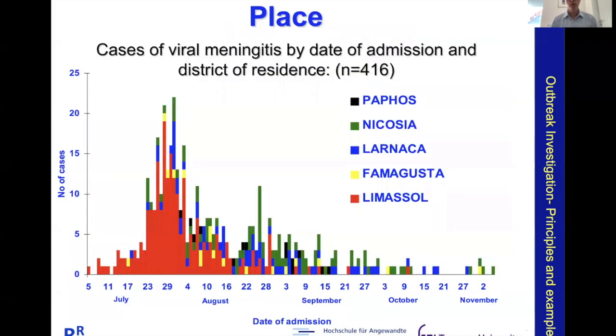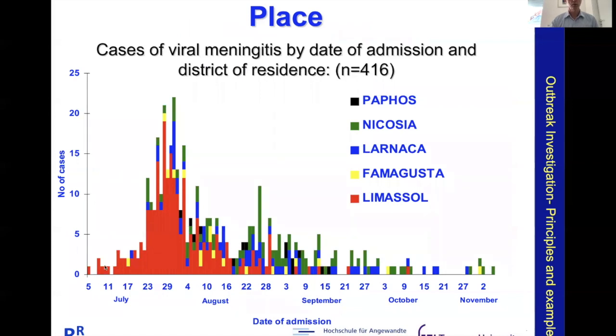Okay, even if we combine time and place, again, our outbreak in Cyprus, you see these are larger cities on Cyprus, and these are numbers of hospitalized cases during this outbreak.